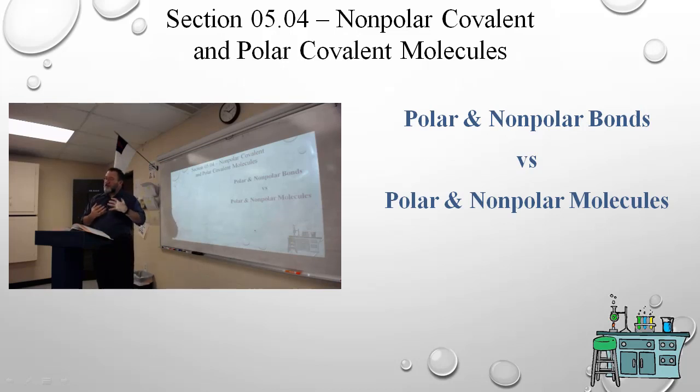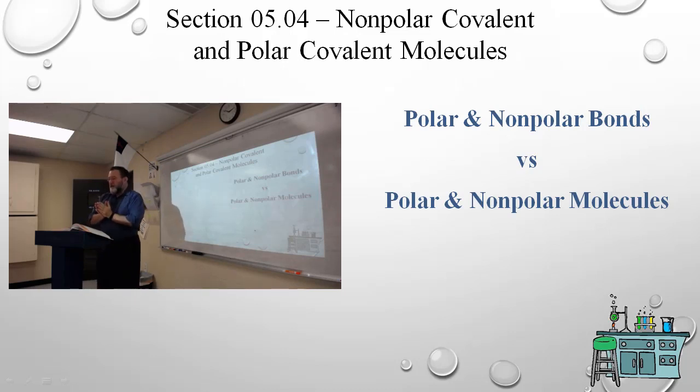So that element which has the higher electronegativity will tend to have the electron more often than its bonded partner. Because it tends to have the electron, it tends to have a partial negative charge, which results in the other element having a partial positive charge.